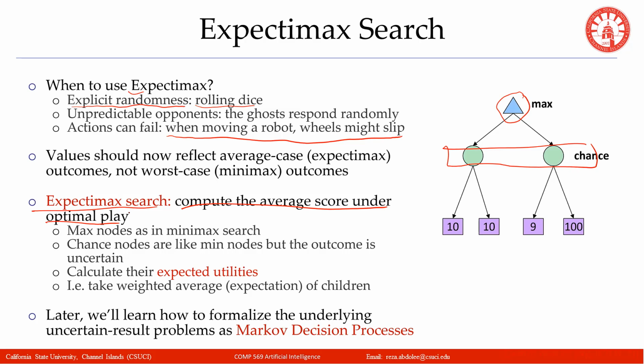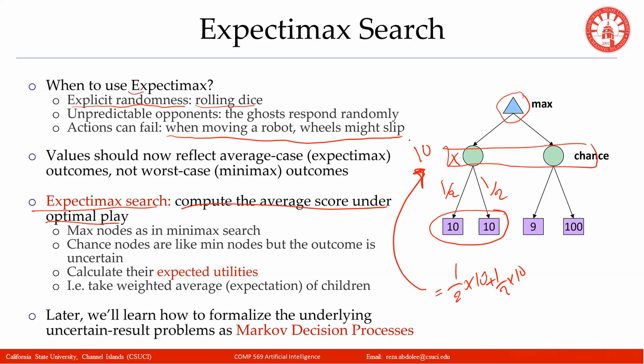For example, at this state, we are going to calculate the average outcome of these two. If you assume that we are giving half probability to this and half probability to this, then the expected utility of this node is going to be half of 10 plus half of 10. So the value is going to be 10 over here.